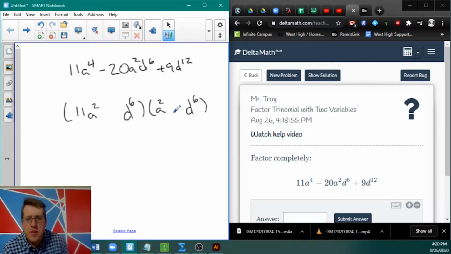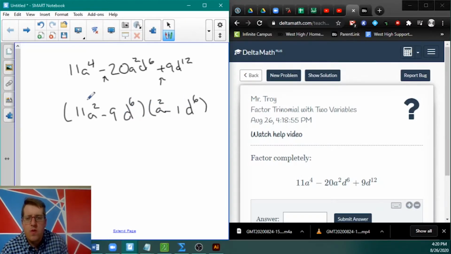Now I need to figure out what to do with this 9. So there's a plus here and a minus here, so they both have to be negative. And if I put the 9 here, that would be like 99. So I'm going to put the 9 here and the 1 there.